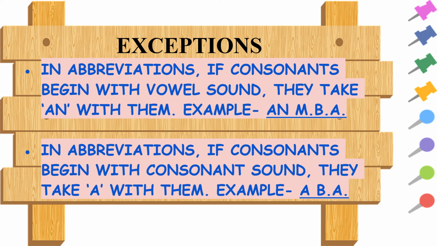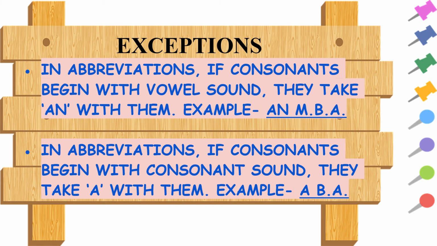If an abbreviation begins with a consonant letter but has a vowel sound, it will take an with it. Example, an MBA. M has a sound of e in the beginning, and that's why it is a vowel sound, so it will take an with it.